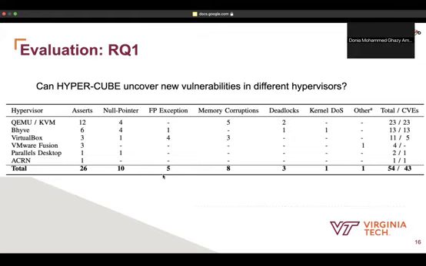The types of bugs found include 8 memory corruption bugs, kernel crashes, hypervisor deadlocks, and assertion failures, which lead to hypervisor crashes and so forth. So the answer to this question, is it able to uncover new vulnerabilities, is basically yes.